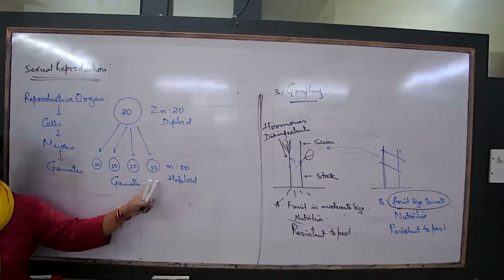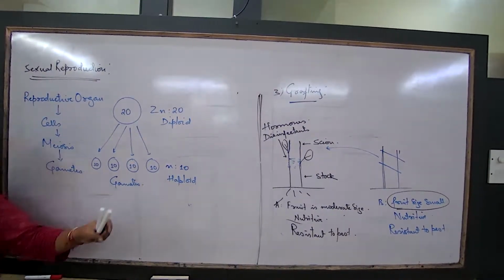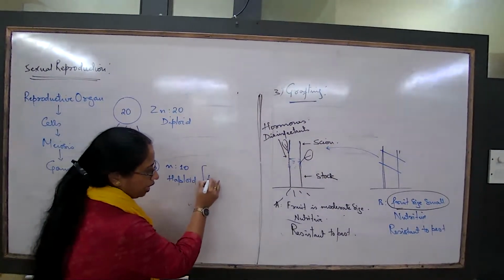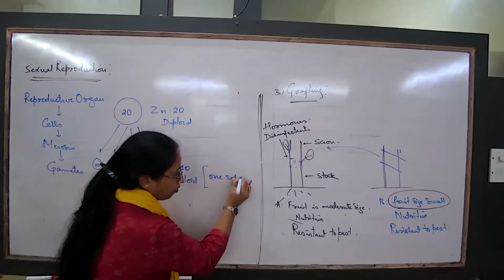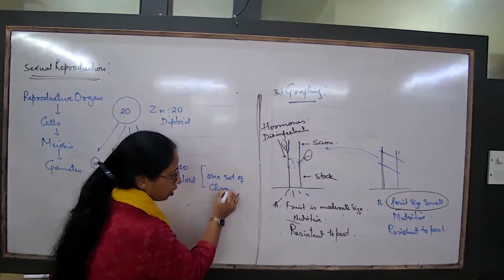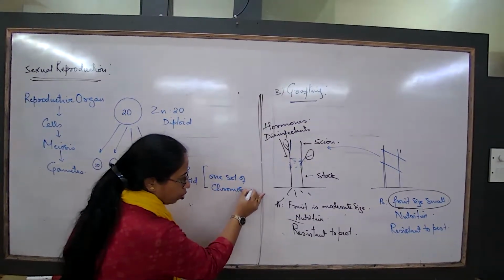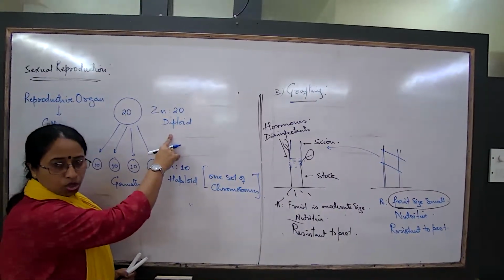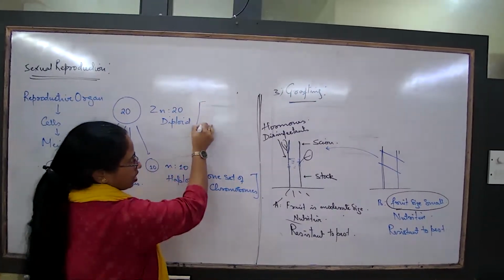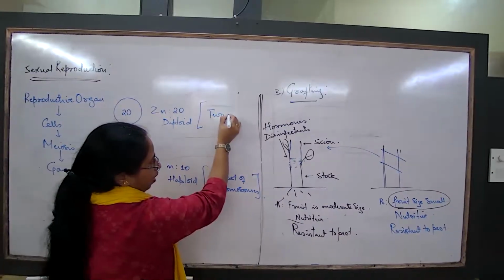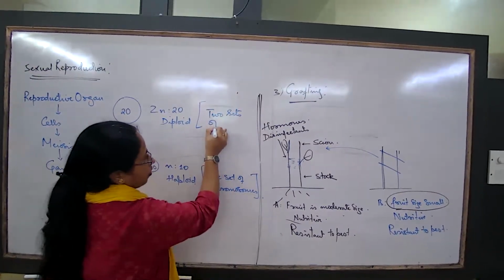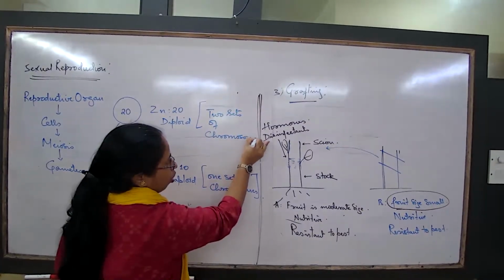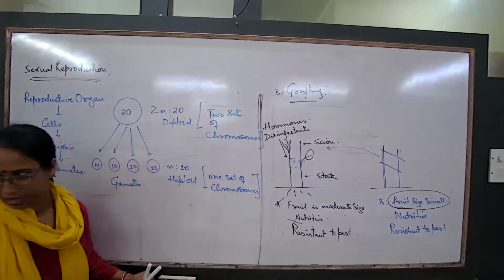This cell, known as the gamete, only has half of the chromosome number, or else we will say it has only one set of chromosomes, while the other has 2 sets of chromosomes. So what is the simple meaning of haploid and diploid? It has 1 set or 2 sets. That is what we understand.